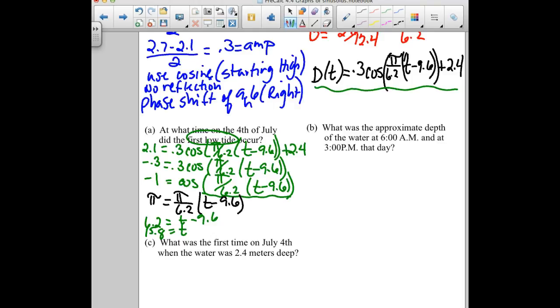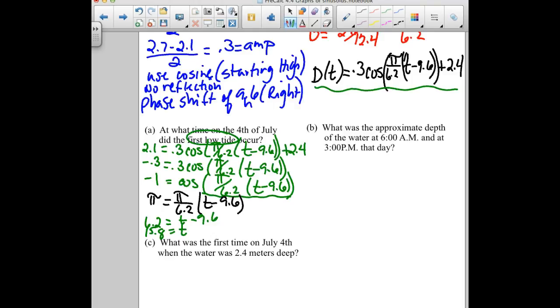This is a cosine graph that just keeps repeating over and over again, right? High tide, middle, low tide, middle, high tide. So we're going to hit low tide several times during the day. Can we go back one period and still be in the same day? How long is a period? So if we're at 15.8 hours, we could go back 12.4 hours and we'd be at the same low tide.